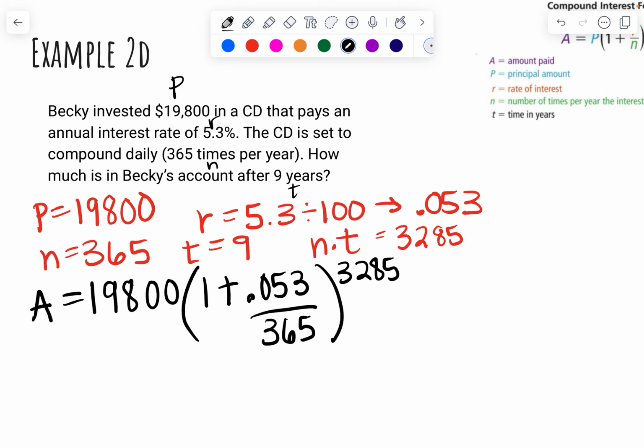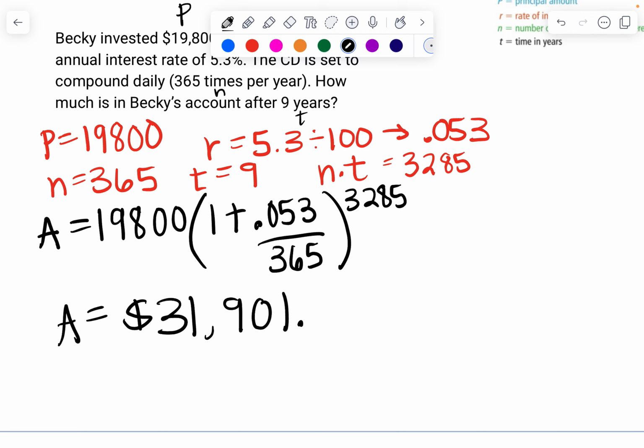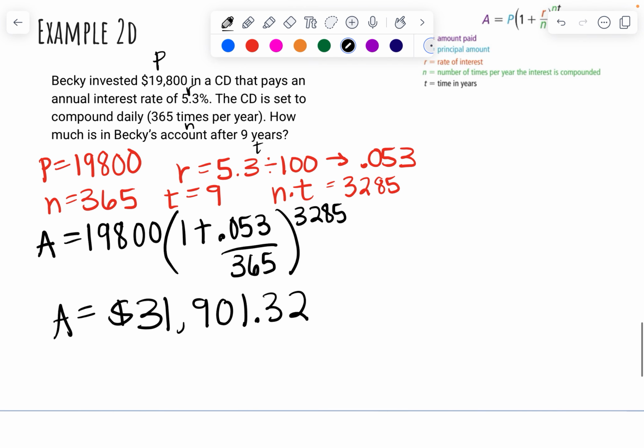And after 9 years, Becky would have about $31,901.32. Not bad. Again, they didn't do anything.